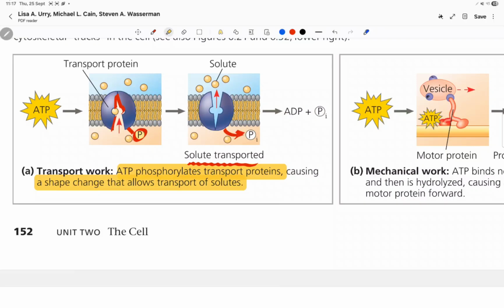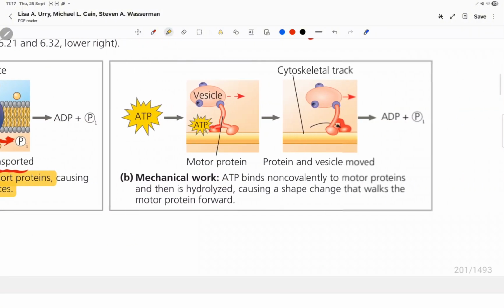So if there is no phosphate, the transport protein is going to be unable to do anything. When it comes to moving a vesicle, which are used to move things from the rough ER to the Golgi body, or from the Golgi body to the cell membrane, we also have to use ATP to do so.